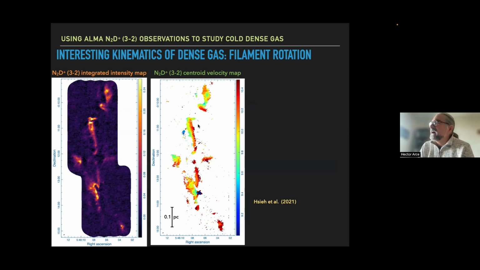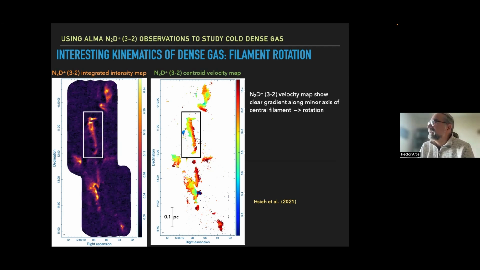And here I'm showing the average velocity per position of the gas in this map of the N2D+ emission. That filament looks like it has a very nice velocity gradient from left to right, perpendicular to the long axis of the filament. And we claim that it's due to rotation.